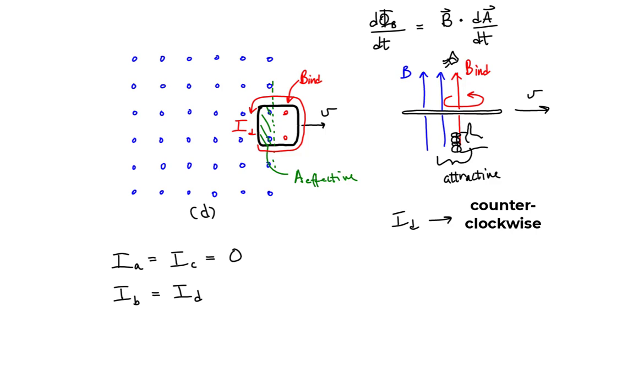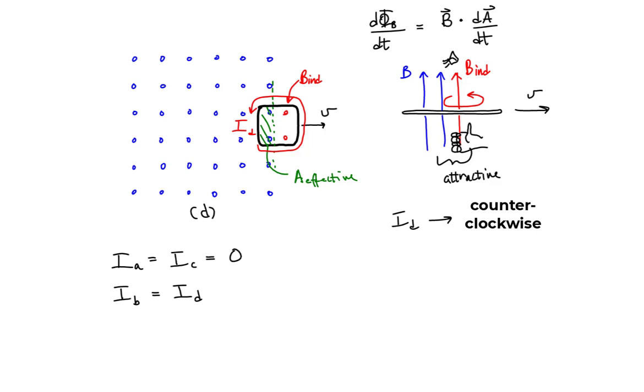And the reason why the magnitude of the induced currents will be the same is because the speed at which the conducting loop is entering and exiting the magnetic field is constant, or rather it's the same. Same speed entering, same speed leaving, which means the rate of change of the magnetic flux is the same when it was entering and when it was leaving, which means the magnitude of the induced current is the same.